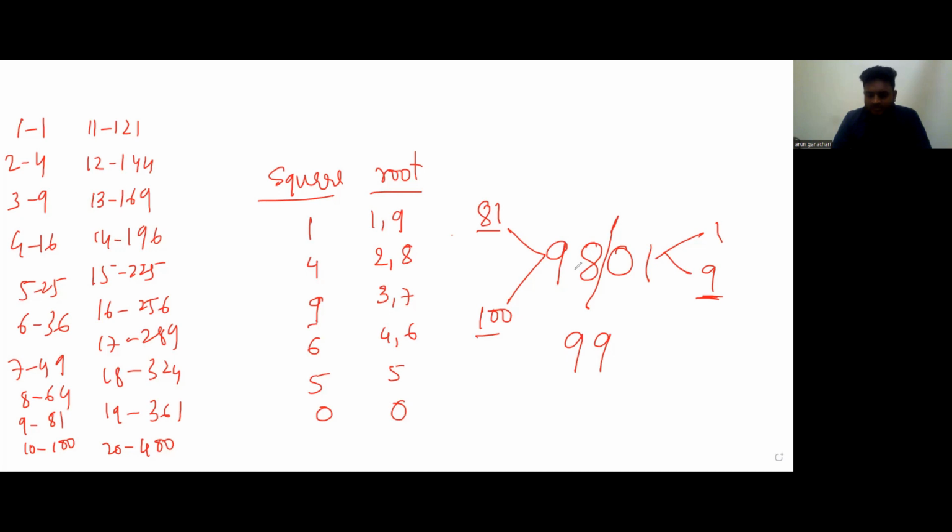Solve some 7-8 sums. Find the square root of 4096, 3025, 1521, 8649, and 624.